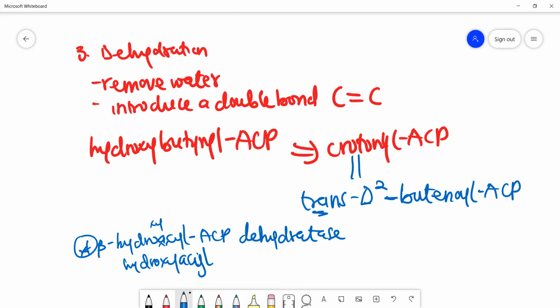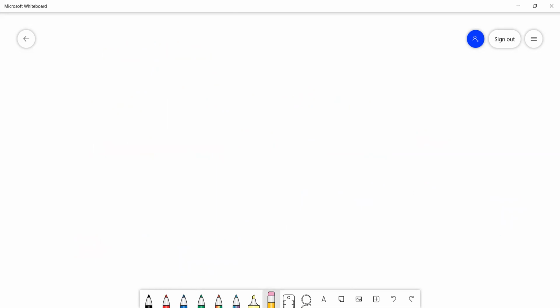Now we have the crotonyl ACP, and there's a double bond in it. We are not forming a fatty acid that has a double bond yet. So the fourth reaction intervenes by reducing the double bond for us.